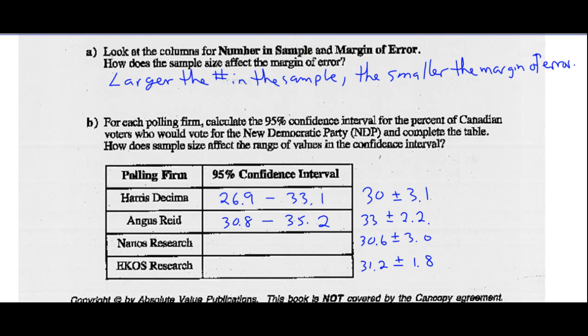For Nanos Research, 30.6% of the vote went to the NDP with a margin of error of plus or minus 3.0. So that gives us a confidence interval of 27.6 to 33.6. And EKOS Research, 31.2% of the vote went to the NDP and had a margin of error of plus or minus 1.8. So that gives us a confidence interval of 29.4 to 33.